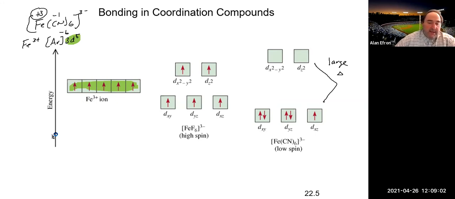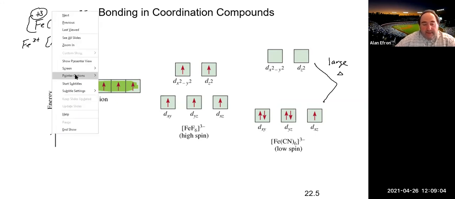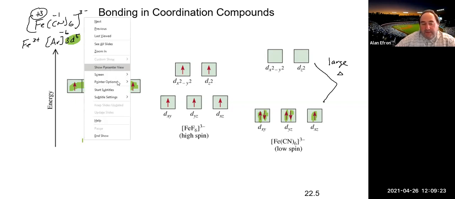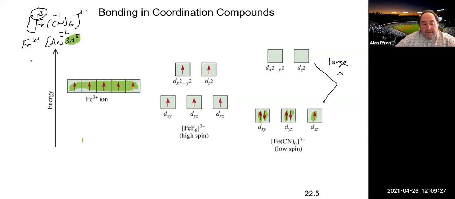They're going to go in one, two, three, and decide the upper level is way too high up there. I'd much rather go in four and five. In this particular case, we actually end up with one unpaired electron.